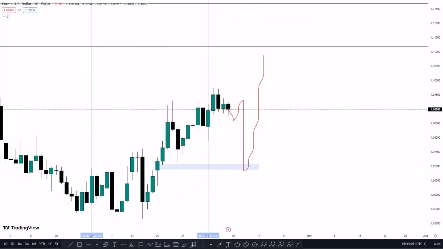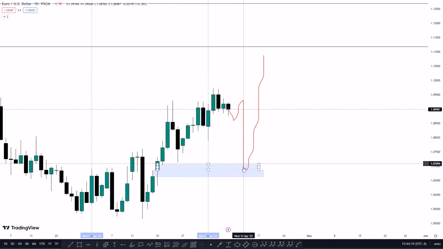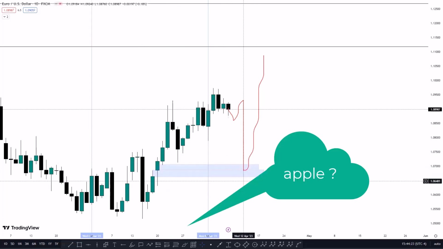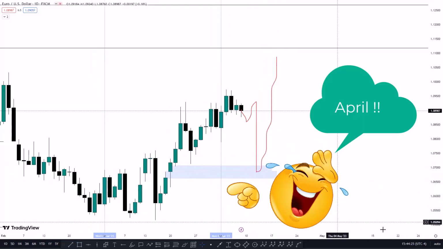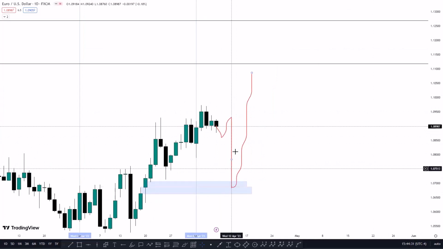I have a gap. This is the gap. Market can trade on this area to create the low of the April. Yeah, we are on April 8, right? To create the low and then goes higher.